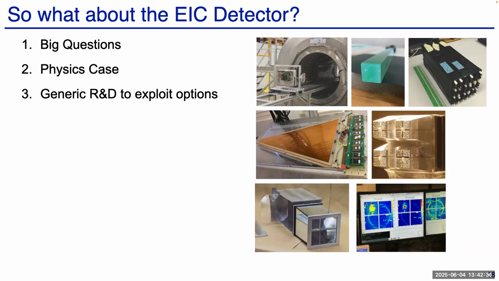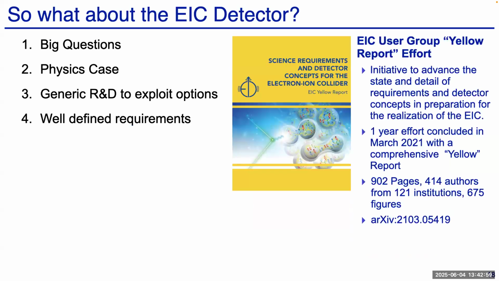But there was a different idea behind it, and that is to create a community. People meet twice a year and talk about their work on a detector. It turns out that 90% of the people who now build detectors and are in the detector collaboration for the EIC come out of this program. So it was very successful in that sense.